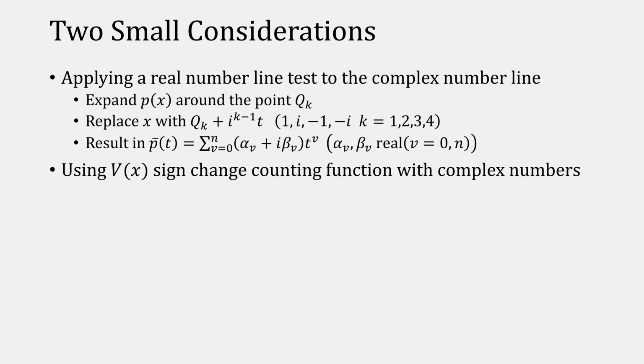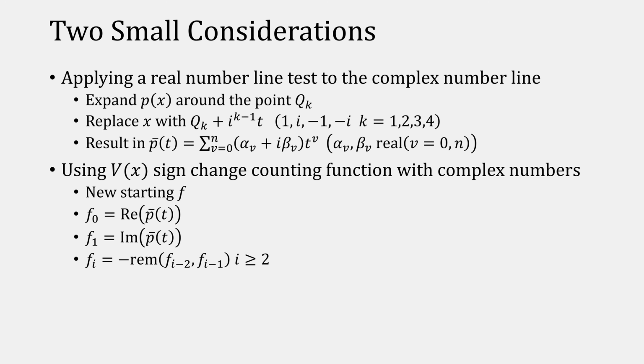Then how do you make your v function work when you have complex numbers? Well, we have a new starting f for our v sequence. Our f0 is just the real part of p bar, and f1 is what was in the imaginary part, ignoring the actual i.